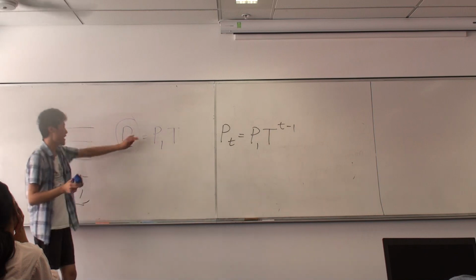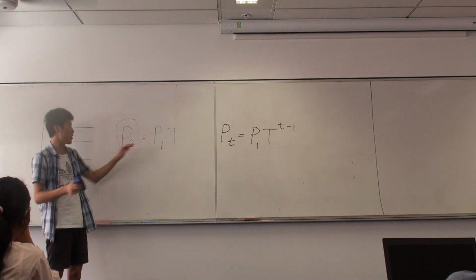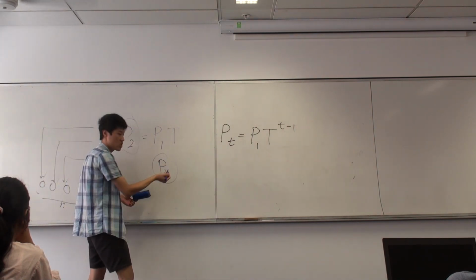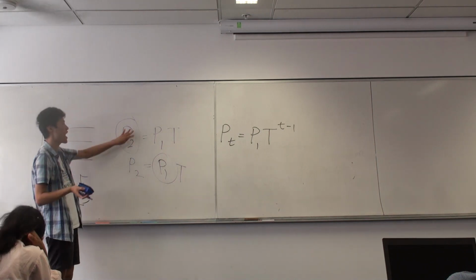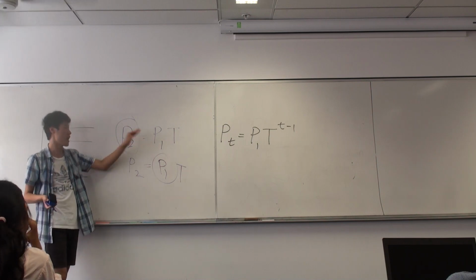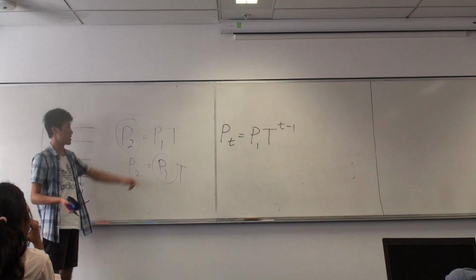I already have this now. I want to find this. Originally I had the population at time 1, then I times the transition matrix, and then I get that. But now I already have the time T plus 1. I want to have T. So how am I going to do that?